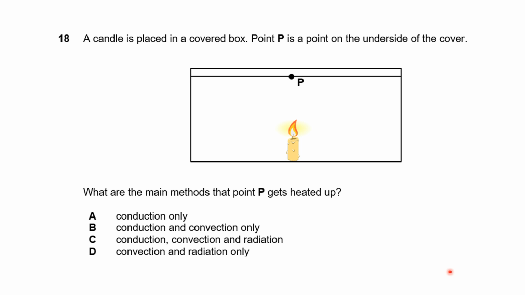Question 18, we have a candle that's lit and point P on the underside of the cover. We want to know the main methods that P receives heat from the candle flame. So the answer here would be convection and radiation. Main methods, okay. While conduction will eventually occur, it does not do so significantly because air is a poor conductor of heat.